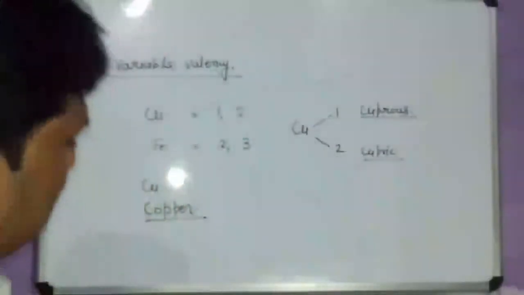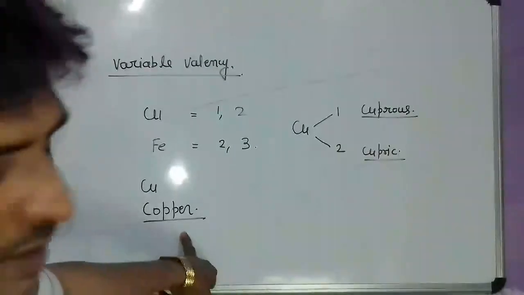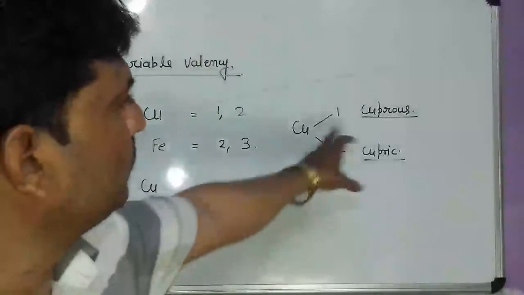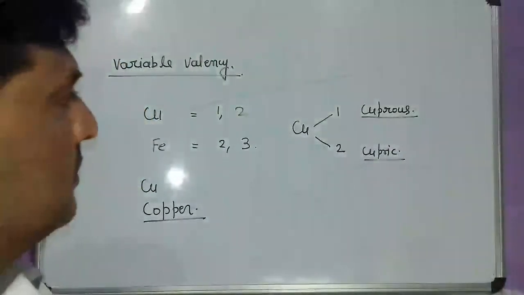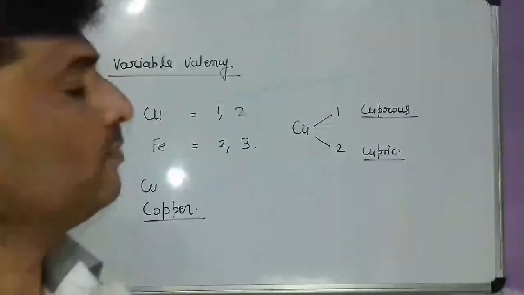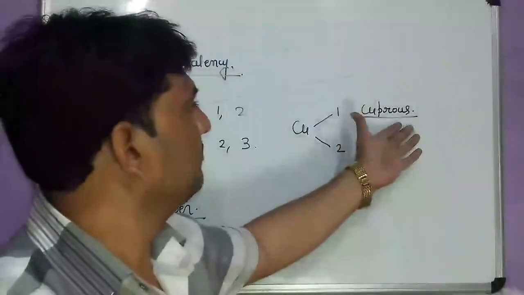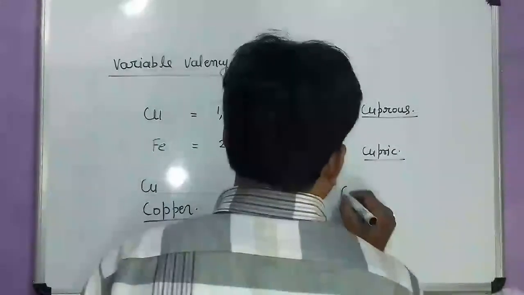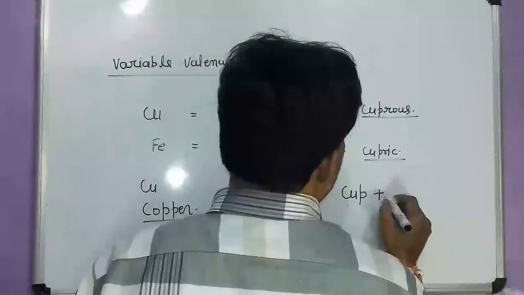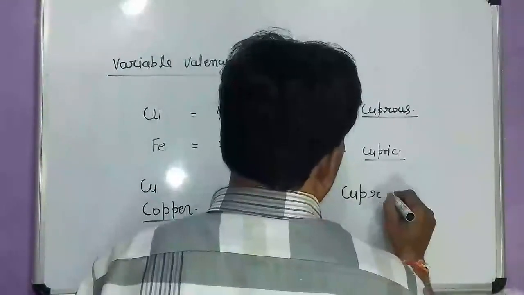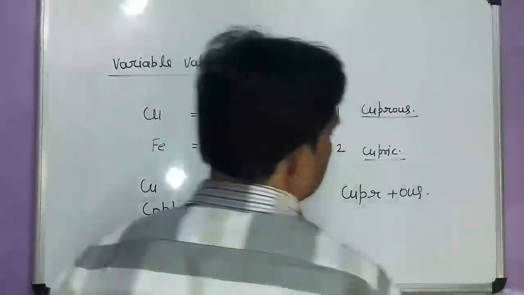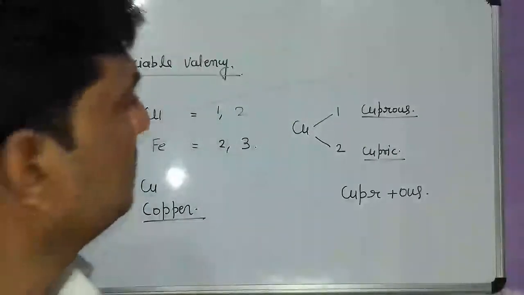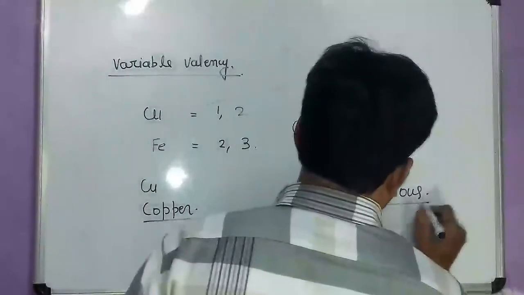But its simple name is copper. Cuprum is the Latin name of copper, so here we add the suffix ous: Cupr plus ous. OUS is added in lower valency, so this is called cuprous.